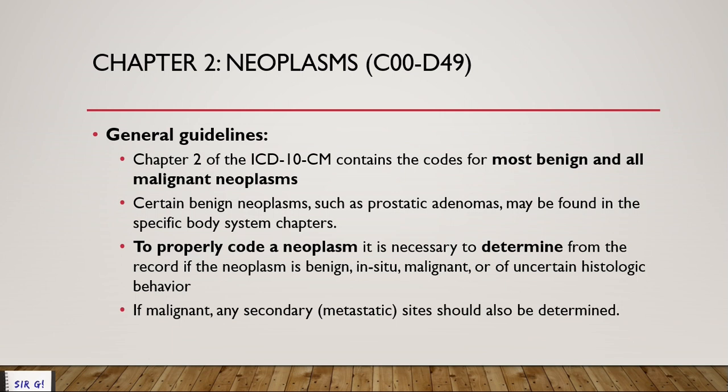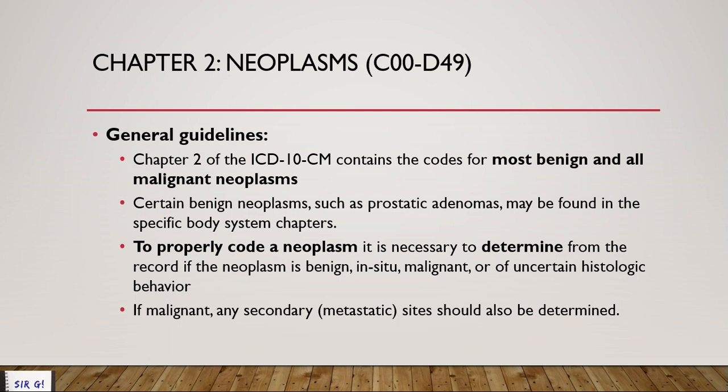In my video discussing the alphabetic index, I discussed how to use your table of neoplasms. When we are coding neoplasm, we need to know the anatomy first, followed by these terms. You need to know these terms, benign, in situ, malignant, uncertain and unspecified, in order to properly code a neoplasm.